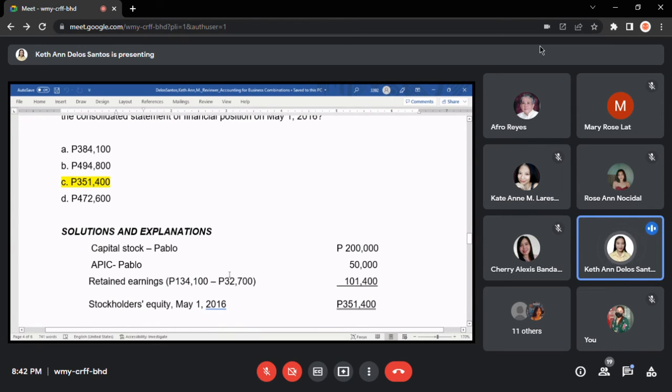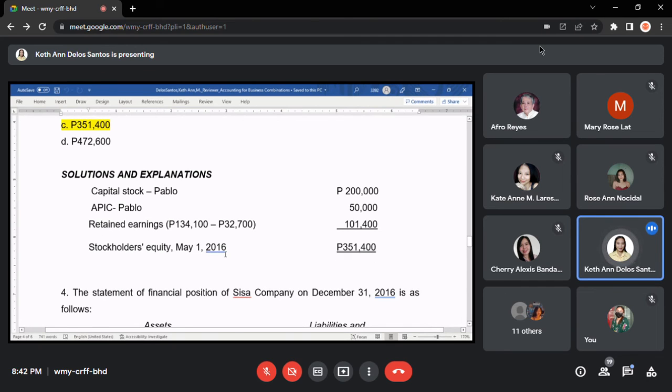Itong 32,700 pesos, yun yung additional acquisition related costs na kino-consider as expense in which the costs are incurred at the time of the service are received. With a total of 101,400. Stockholders' equity on May 1, 2016 will be 351,400.